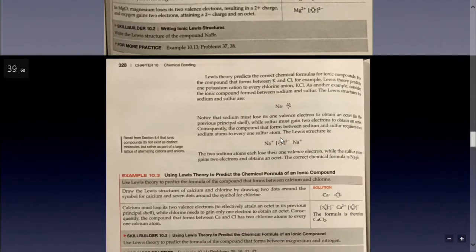Now, we still only have 1 cation and 1 anion, but we have 2 of the cations, right? It still has a binary structure in the fact that it has a positive component and a negative component. But for the positive component, you have 2 sodiums. And that's so that the charges will balance out. Remember, ionic compounds, the charges always have to balance.